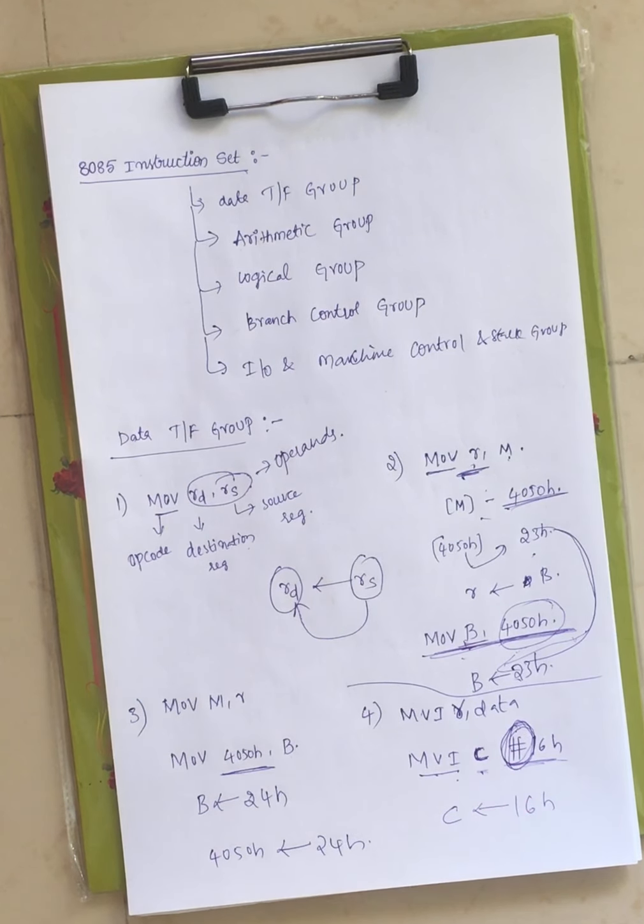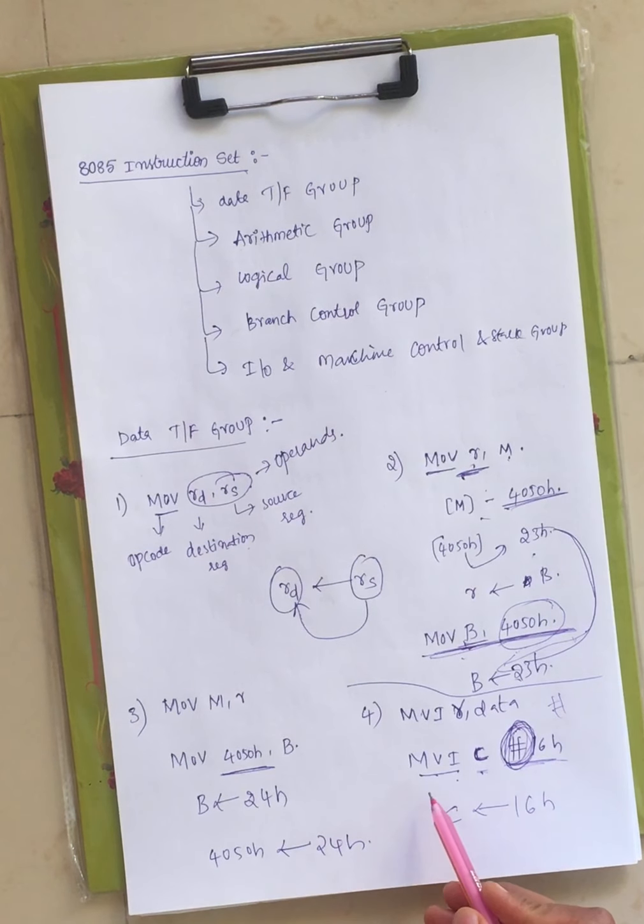Immediate data means whatever data you want to store in a particular register is directly mentioned in the instruction itself. It is mentioned by this hashtag. If you are using a hashtag before a data, that means the data is immediate data that has to move to the specified register or specified memory location.